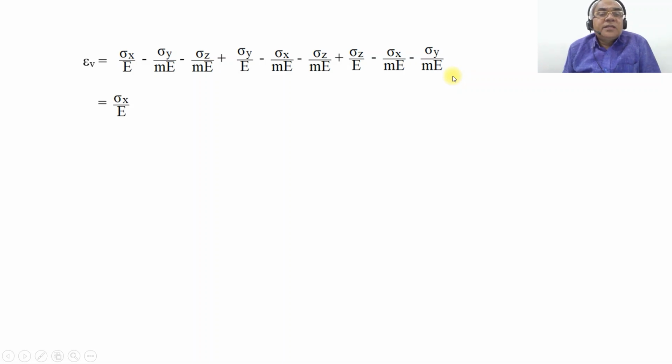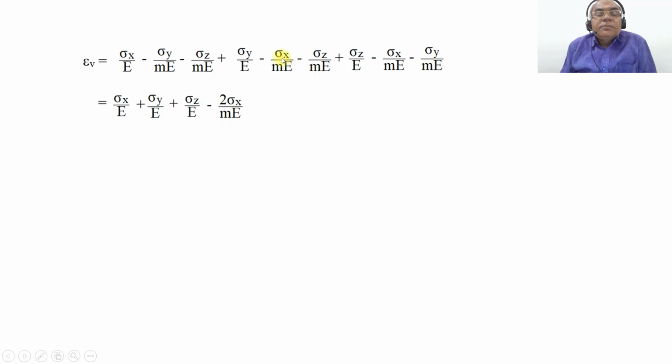Now segregate these terms by rearranging the above equation. You are going to get it like this: sigma x by E plus sigma y by E plus sigma z by E minus 2 sigma x by m into E, because you have minus sigma x by m into E here and minus sigma x by m into E there.